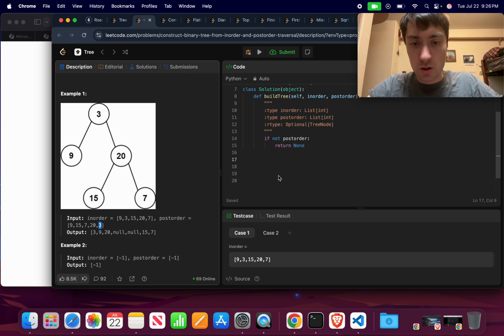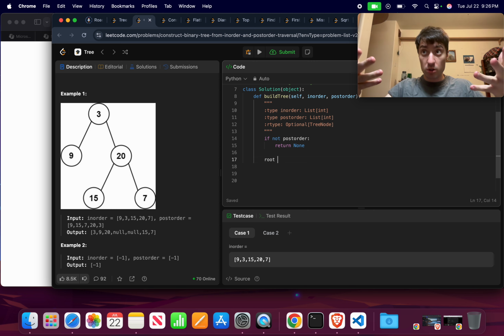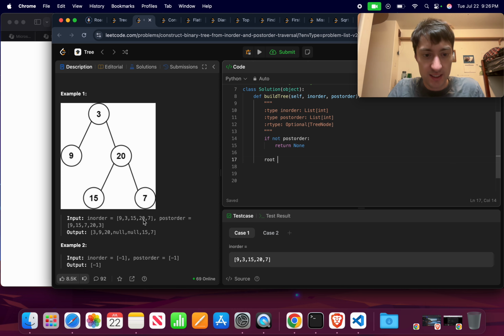Okay. So how am I going to do that? I'm just going to say node. Actually, I can just call it root because it's going to be the root of my subtree. And like this, I'm going to pass in 20, 15, 7. So I'm going to pass in this one, and this will be what I pass in as my left child, and then this will be the index on the right, the left, and then 20 will be there.